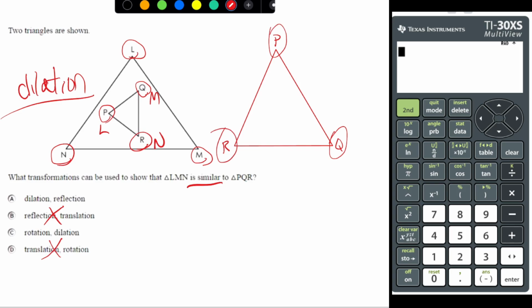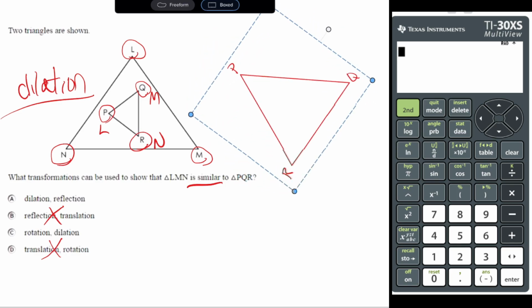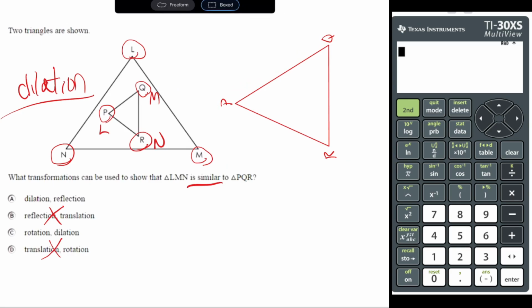If I reflect it over a vertical line, if I reflect it over a horizontal line, I'll end up with a shape like this, which doesn't look like the shape we have. But now, let me take this and rotate it. Let's rotate it 90 degrees counterclockwise. And what do you know? It's the exact same shape. It's a rotation.